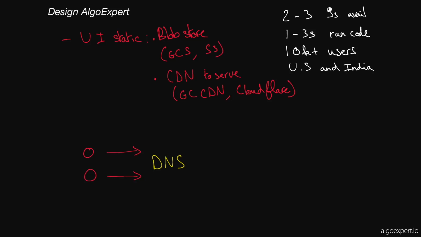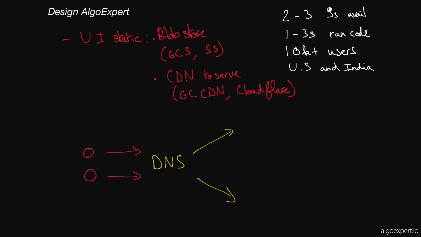And then depending on their region, their requests are going to be routed to two different clusters of servers. So I'll route one up here and one down here. And here it doesn't matter which one is US, which one is India. They're both essentially equivalent, but what matters is that they are in different regions.